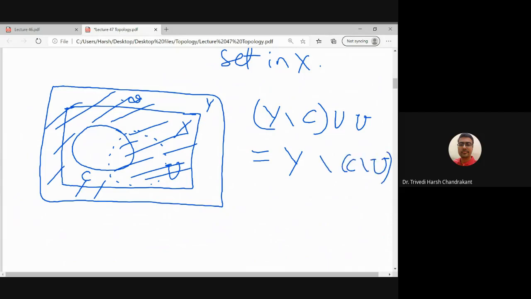If I remove U from C, we get exactly the part which is left here, and that is what we are removing from Y, so we get exactly the same set. So these two are equal, and once they are equal, we want to show that this belongs to tau infinity.